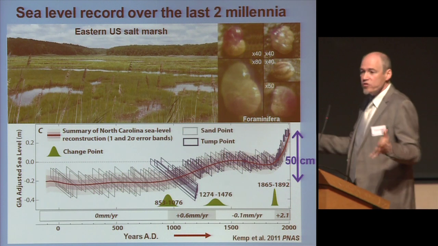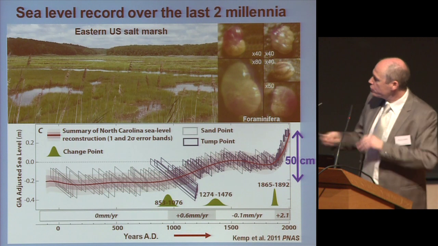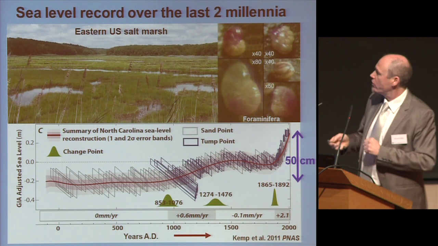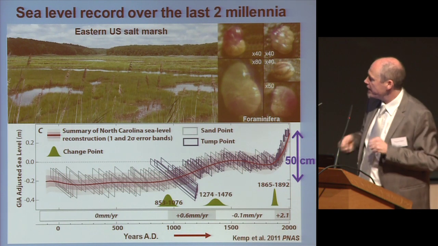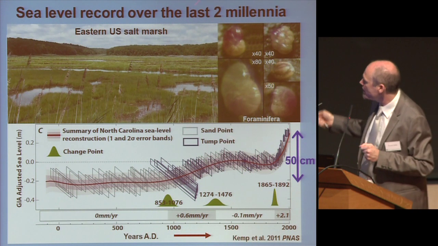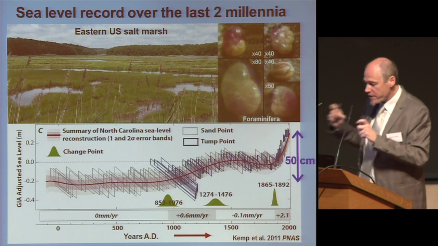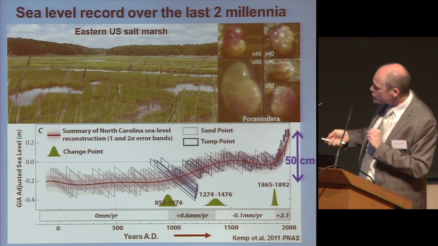I have no time to describe the Holocene, and I jump directly to the last part of the record. There is also some information, not from corals, but from foraminifera, using statistical transfer functions that give information on the order of a few centimeters.